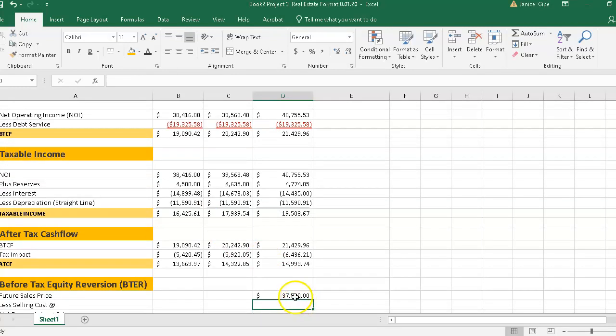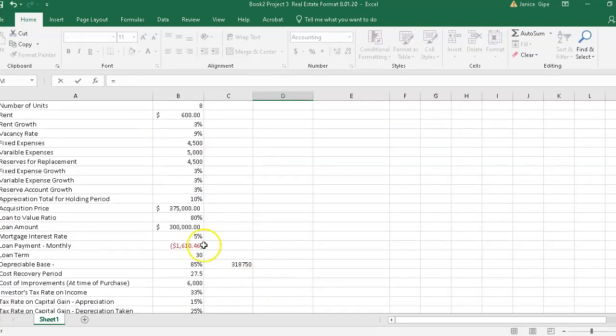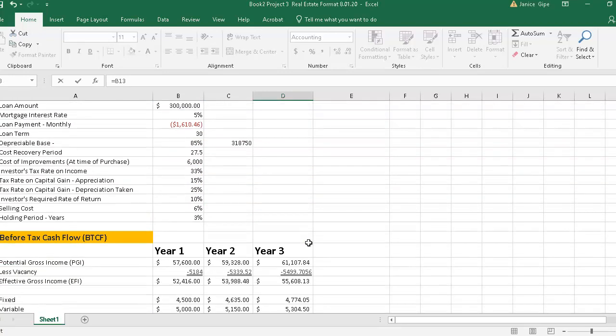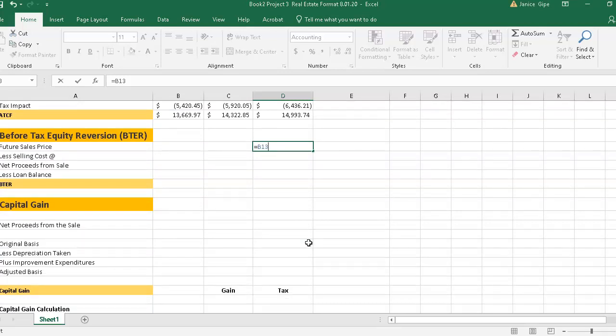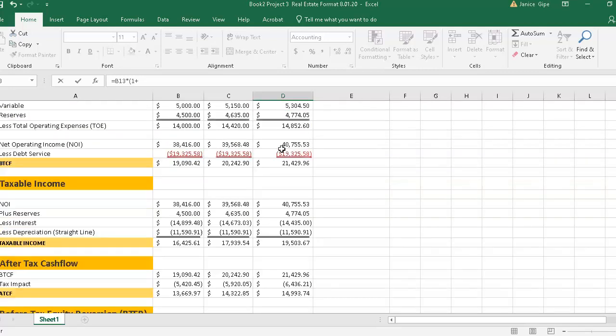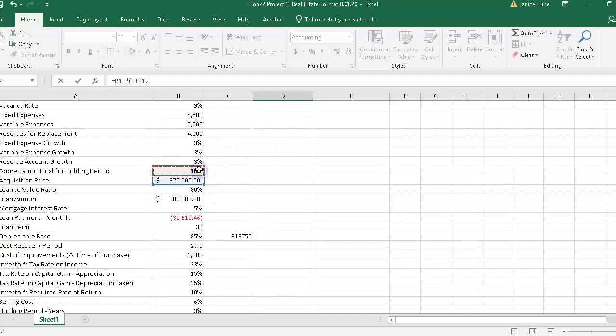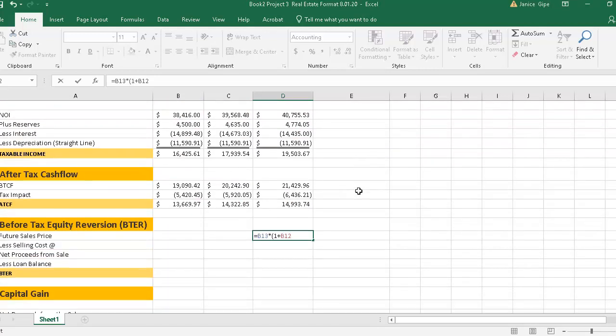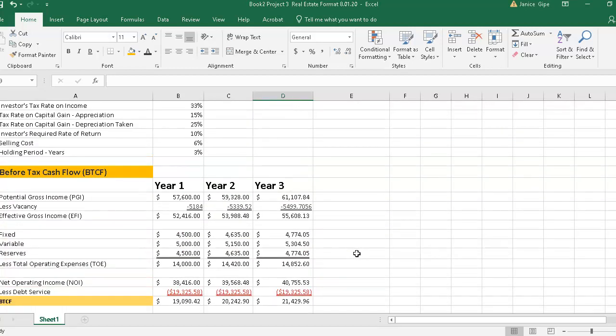I'll make a correction there: this should be the original acquisition price, so it's the original acquisition price times 1 plus the appreciation for the holding period. So the future sales price is $412,000.